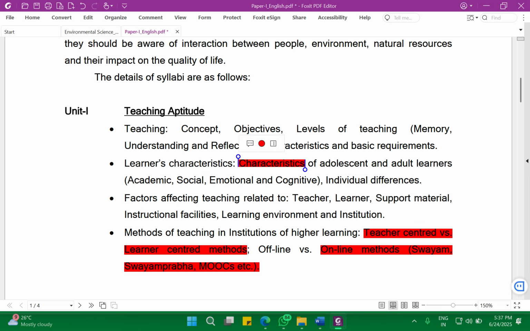So what all the characteristics a student or a learner or a teacher should have. So those things we may expect as questions. And in addition to that, they may ask some questions related to emotional and cognitive characters. So these are the most important part, and try to attend all the questions whichever you are feeling that it is known to you.